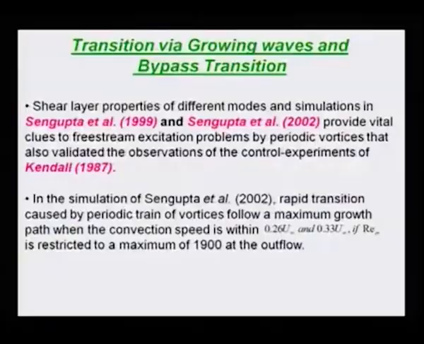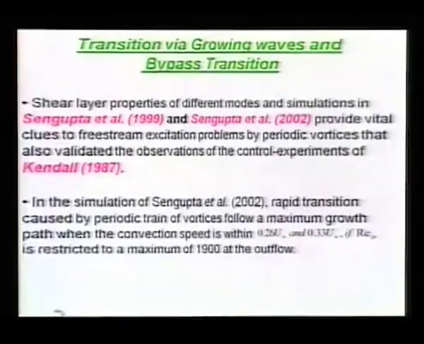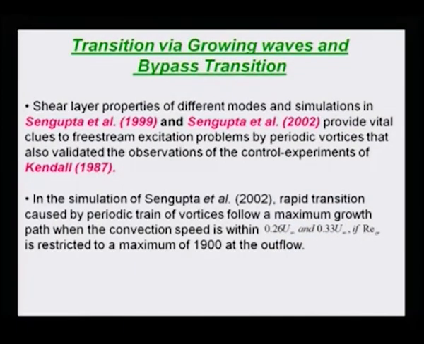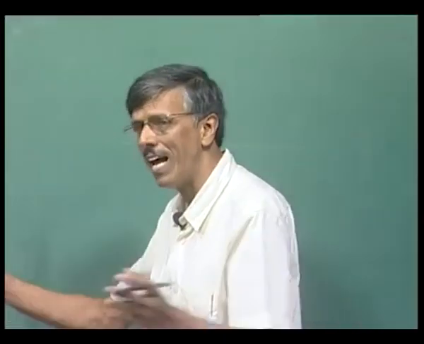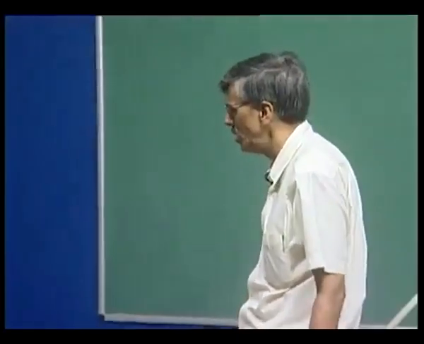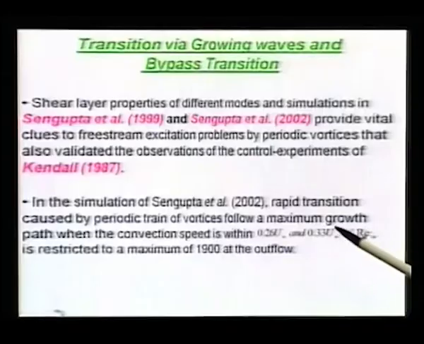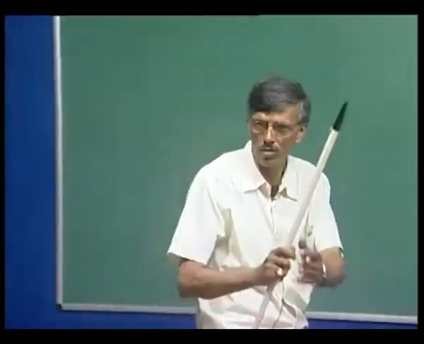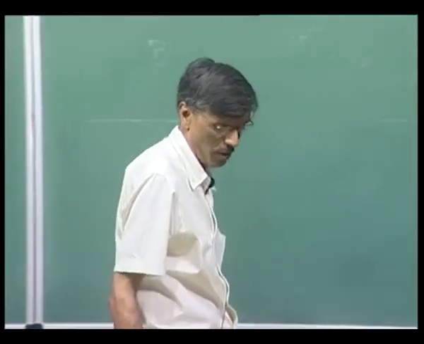We looked at the shear layer, where the extent of the domain started off somewhere from 150 to 1900. This is Reynolds number based on displacement thickness. So it was not a very long flow field, but in recent times we have actually done the simulations. Shagato has done it over much longer domains, and we find that this range actually depends on what you do. So what does it mean?